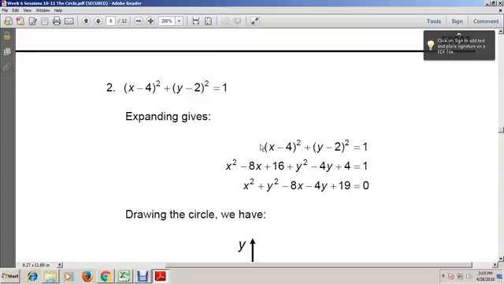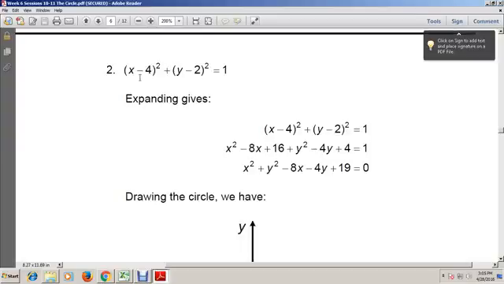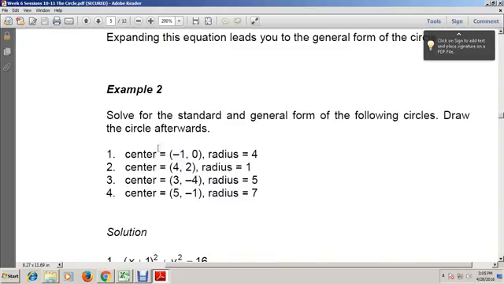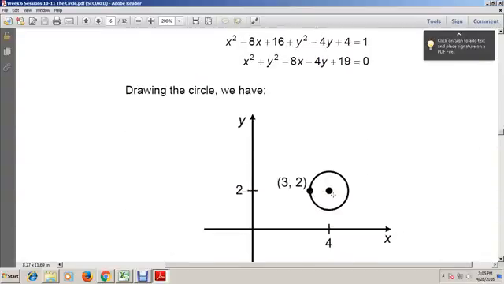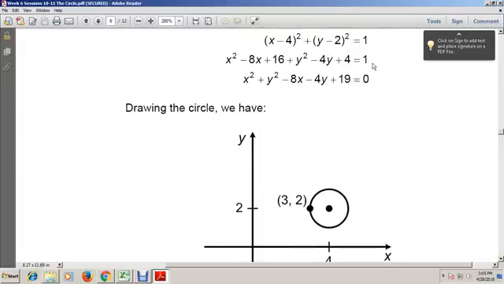Now, to draw the circle, the circle has the center at point (4, 2). So this is the center of the circle, and the radius of the circle is 1 unit.